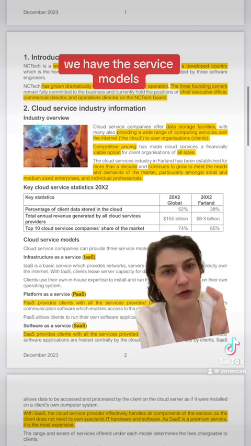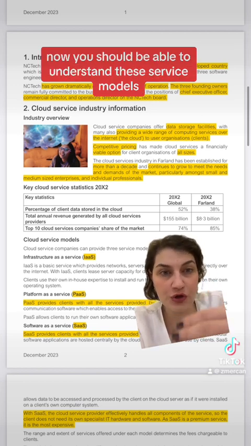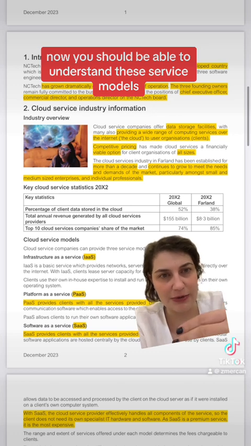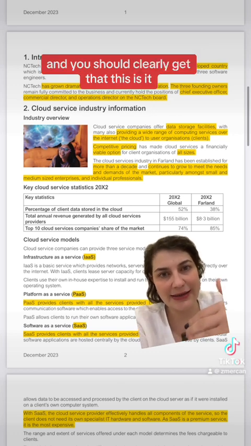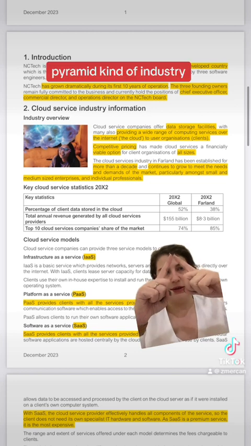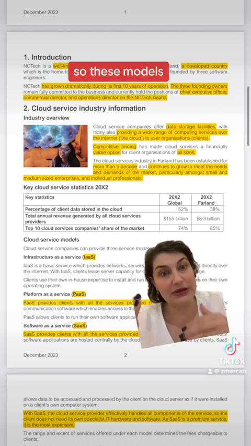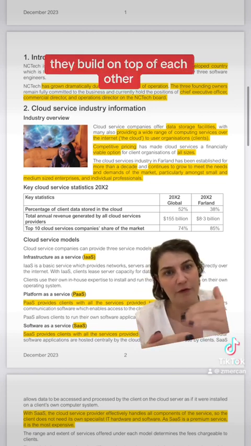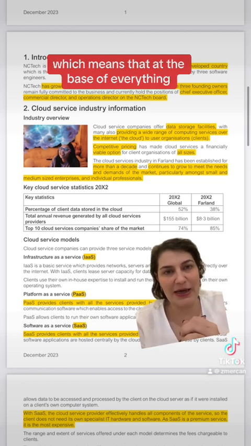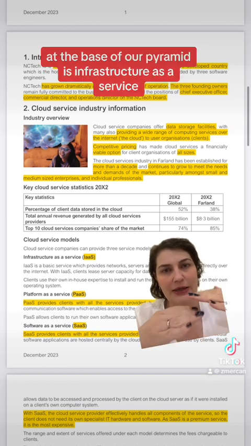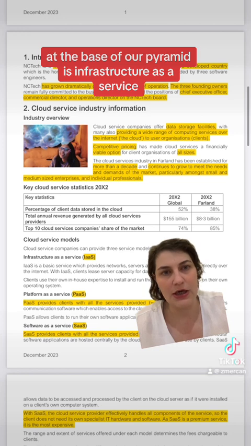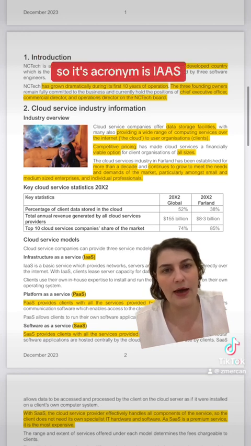Then we have the service models. Now, you should be able to understand these service models, and you should clearly get that this is a pyramid kind of industry. These models build on top of each other, which means that at the base of our pyramid is infrastructure as a service, acronym IaaS.